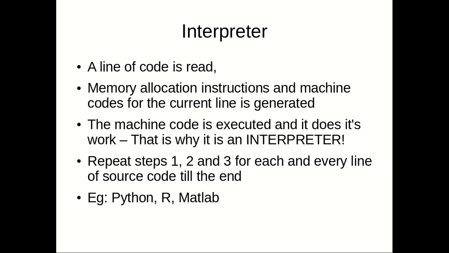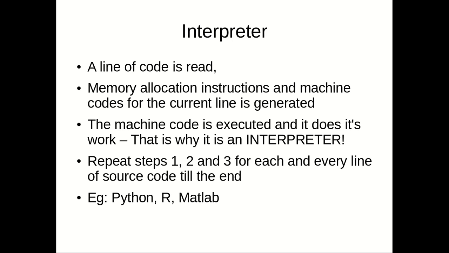Whereas interpreters work in an entirely different way. If you have a set of instructions written in, say, a Python file, each and every line is read one by one. For instance, the interpreter reads the first line, and then interprets it into equivalent machine code. Memory allocations and instructions are made for each and every line it reads.